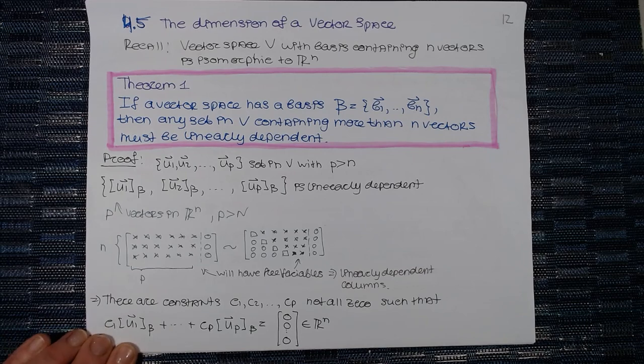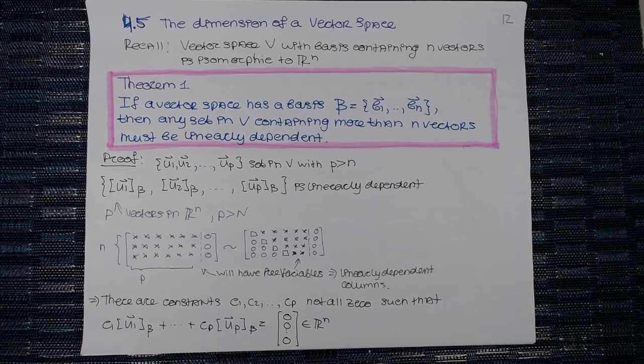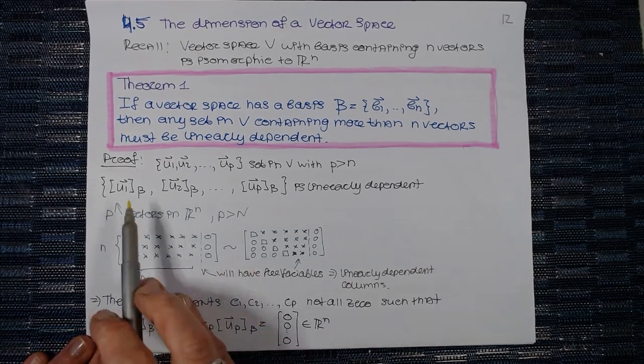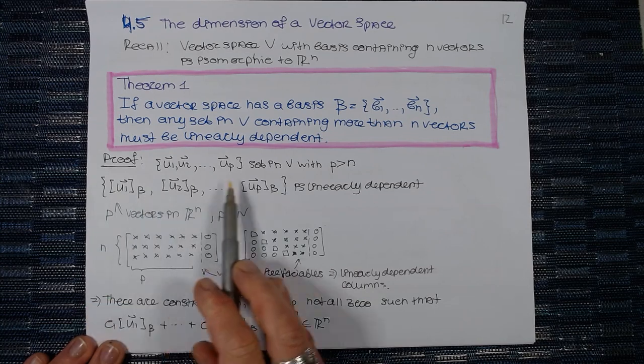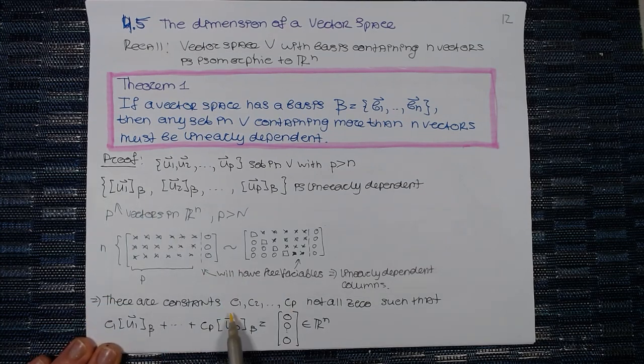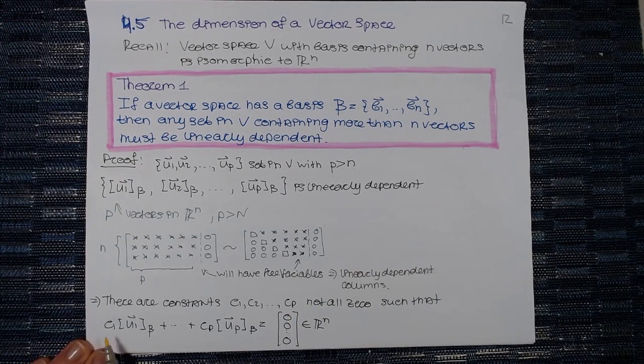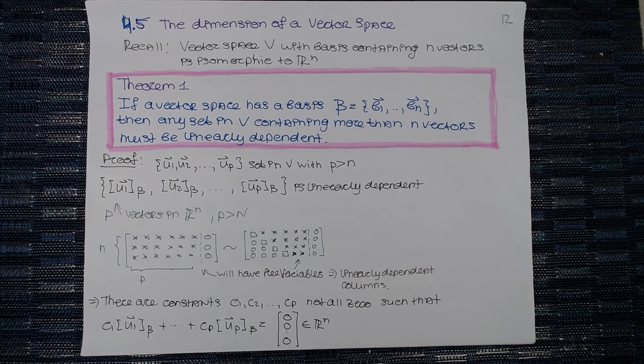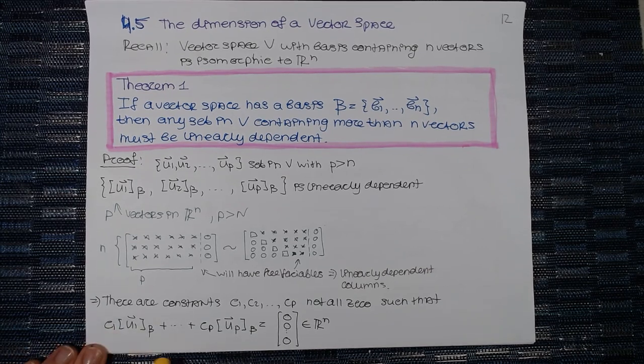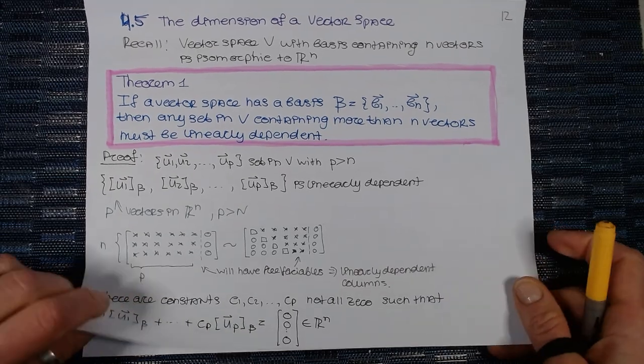So by definition of linear dependence, if my beta coordinate vectors are linearly dependent, that means that there exist some constants, C1, C2, all the way to Cp, not all zero, such that the linear combination of my coordinate beta vectors equals 0. So I can write down my linear dependence relationship with my C1 through Cp not all 0.